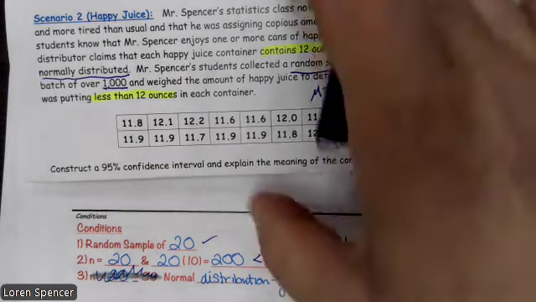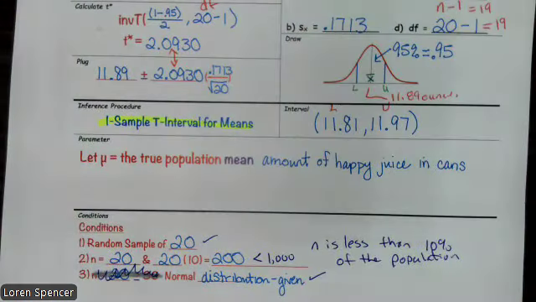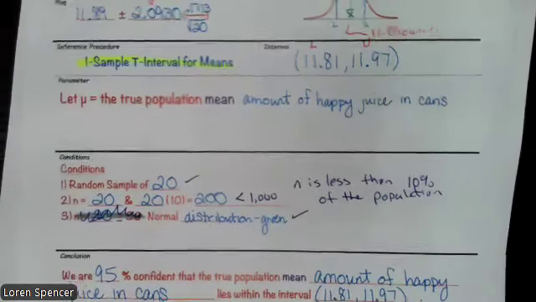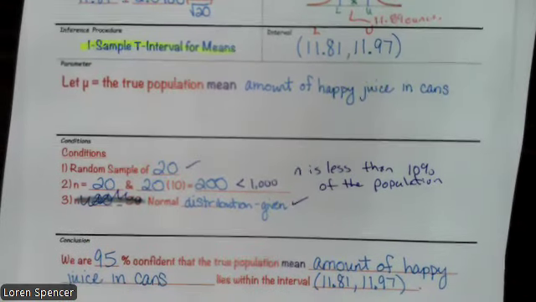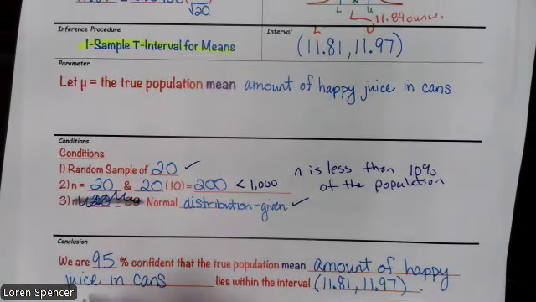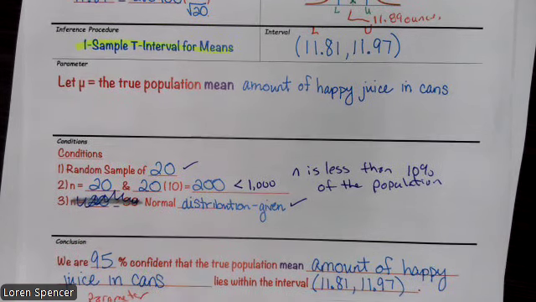So what are we? Well, we are 95% confident that the true population mean amount of happy juice, this is just a restatement of our parameter right here, lies within the interval.